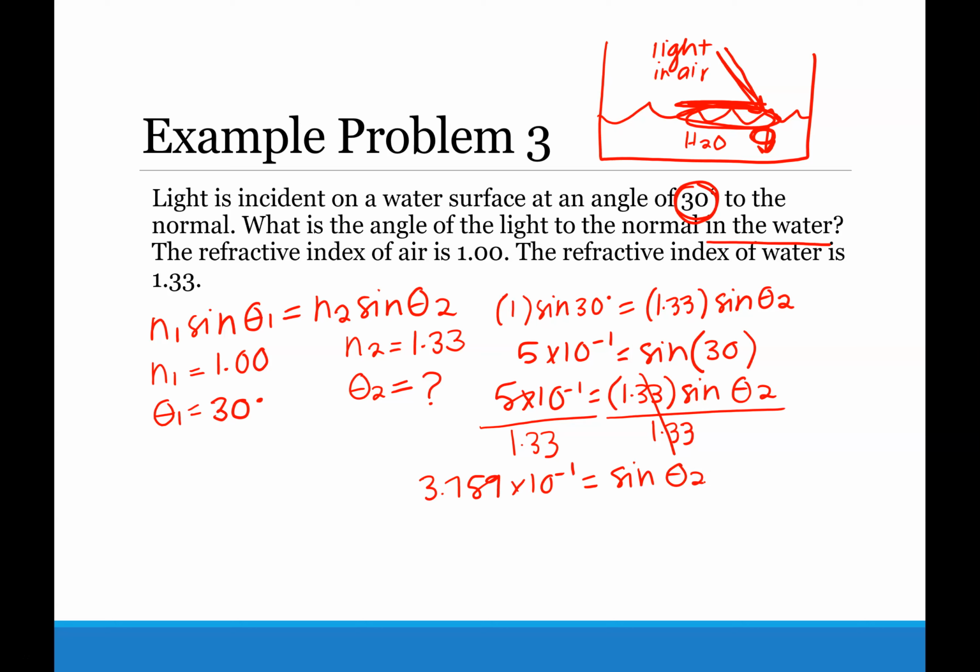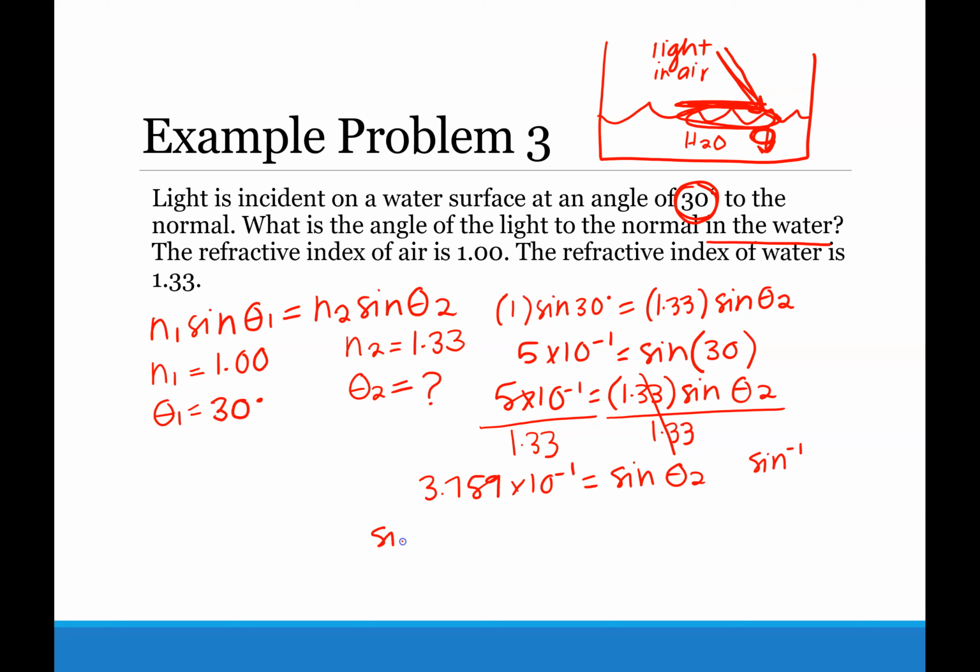So at this point, we have to figure out how to calculate angle 2 from this problem. And the way we're going to do that is by taking the inverse sine. And an inverse sine is just sine to the minus 1. It's usually on top of the sine button on a Texas Instruments 84. You have to click second and then the sine minus 1 button comes up. And that's what we're going to do to both sides.